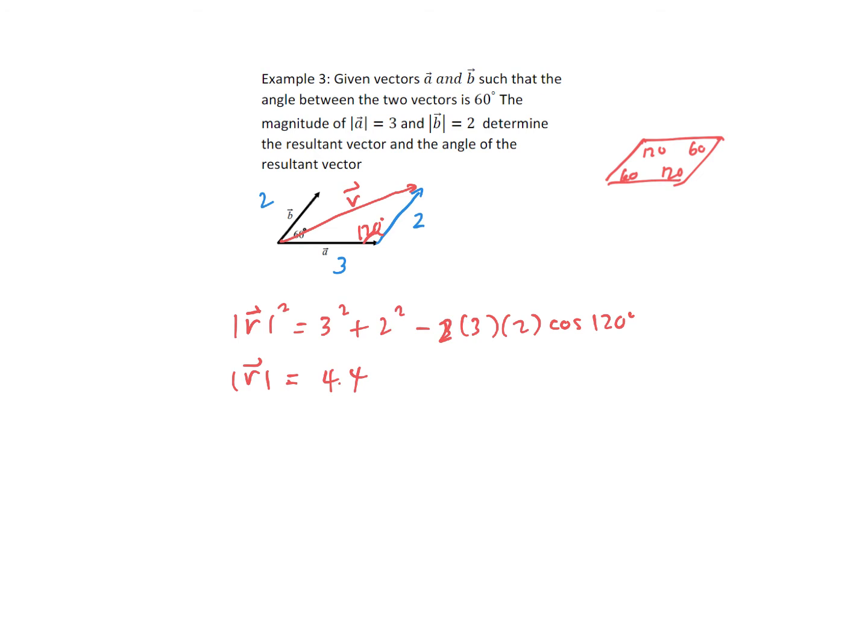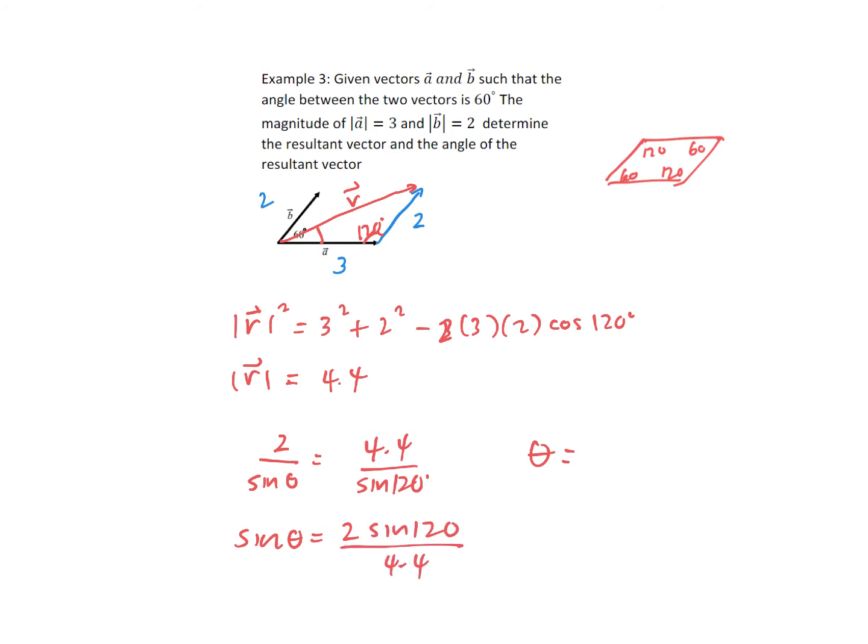And then to find the angle, I'm going to find this angle here in relation to A. So I know 2 opposite that angle would be equal to the resultant, which was 4.4, opposite sine 120. I'll do that calculation, so we'll cross multiply, so sine theta will equal 2 times sine 120 divided by 4.4.